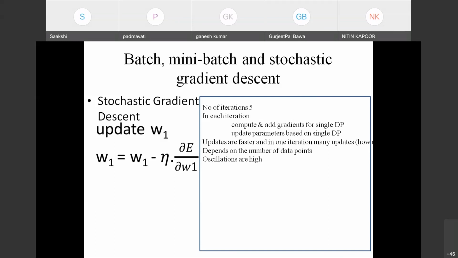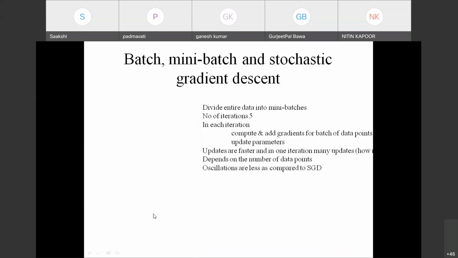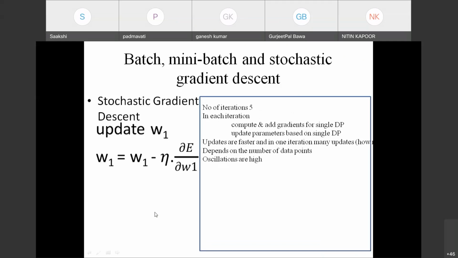If we take any value in between, then my updates will not be as many as in stochastic gradient descent, but we will not get so many oscillations. My curve will be smoother, right?